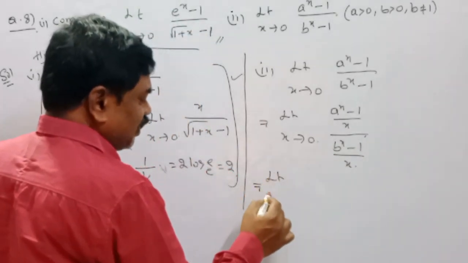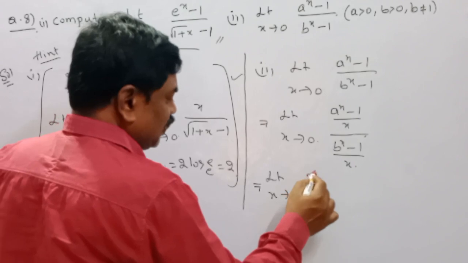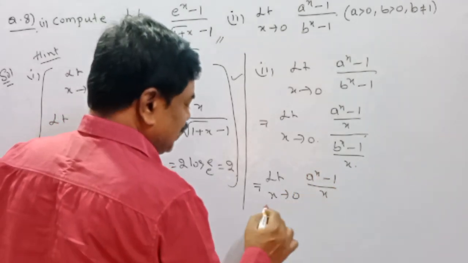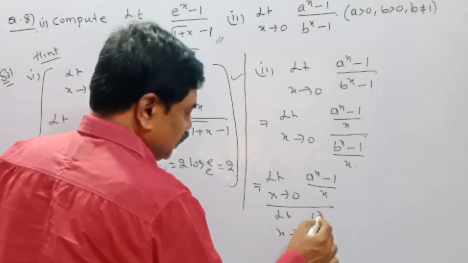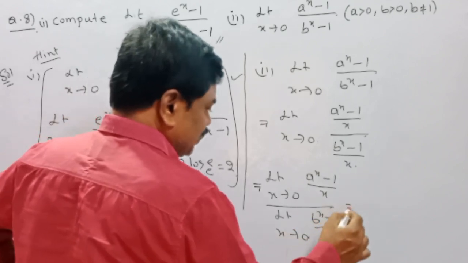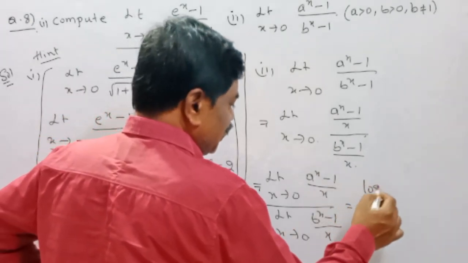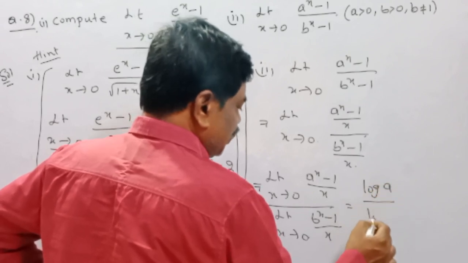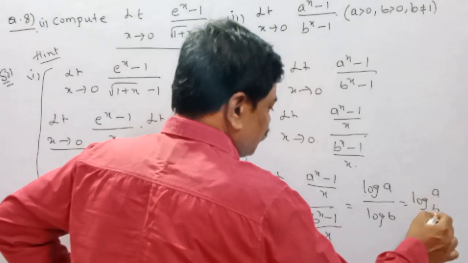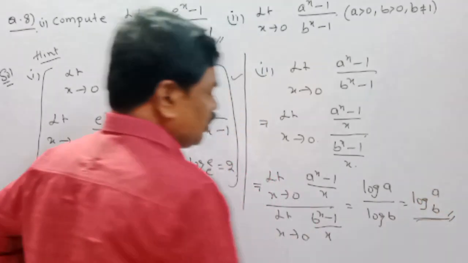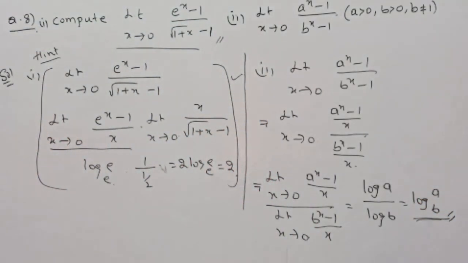So limit x tends to 0 a power x minus 1 by x by limit x tends to 0 b power x minus 1 by x. What is the value? This one, log a by log b. So this is log a base b. This is the answer. Okay, all of you. Log a base b is the answer. That's all. Thank you.